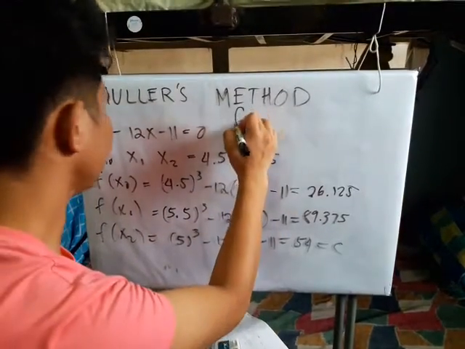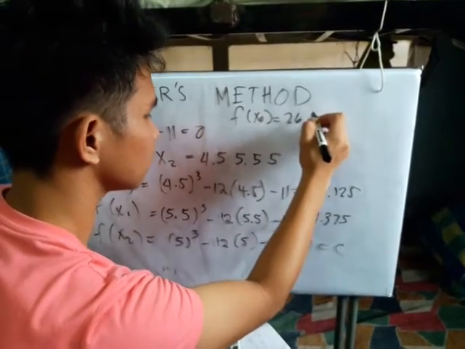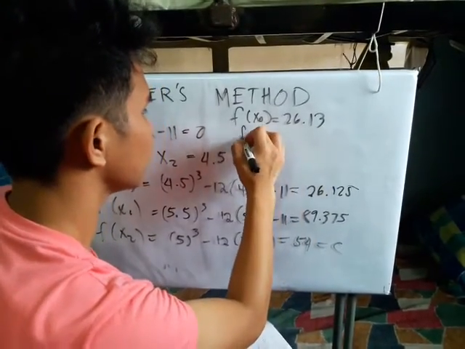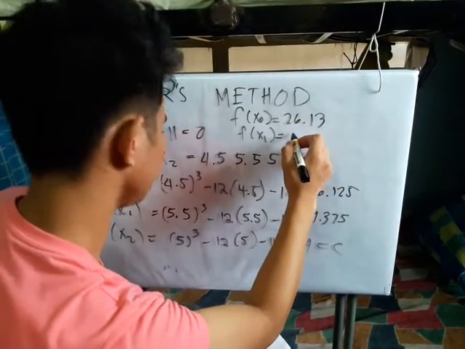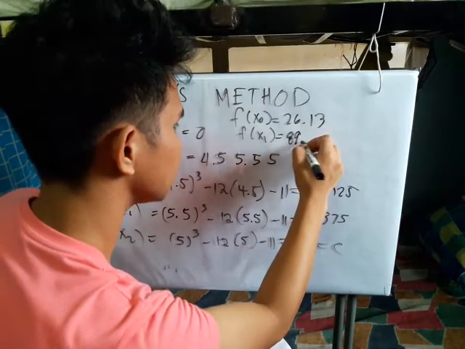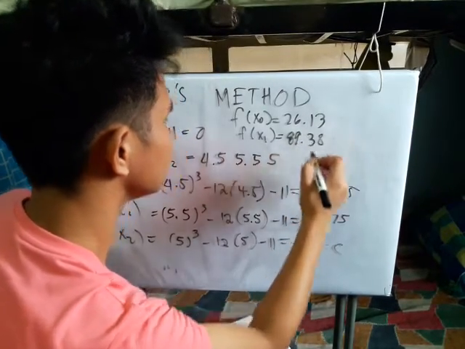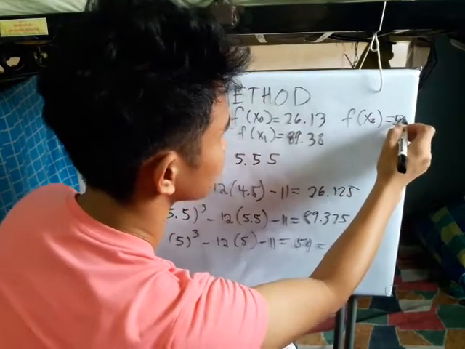So we have f of x0 is equal to 26.13, f of x1 is equal to 89.38, and f of x2 is equal to 54.